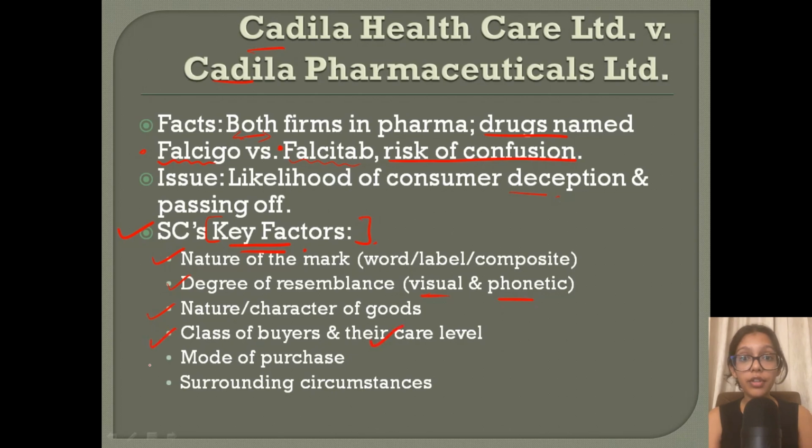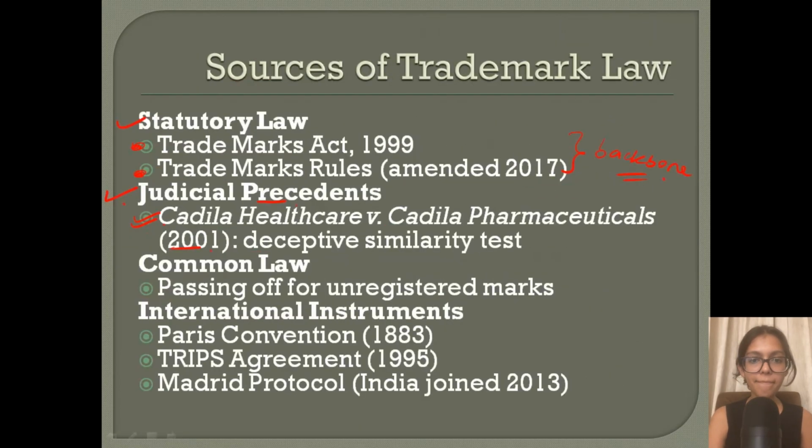We look at the level of care, the mode of purchase, and different surrounding circumstances. So basically, the court stressed that when we talk about healthcare or the medicine industry, it is of course a very risky business. So even some minor confusion can endanger public health. Hence, this case set the precedent or the benchmark for how Indian courts assess trademark disputes in such sensitive sectors.